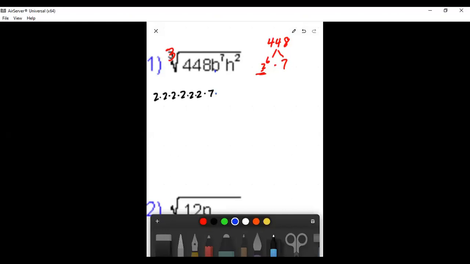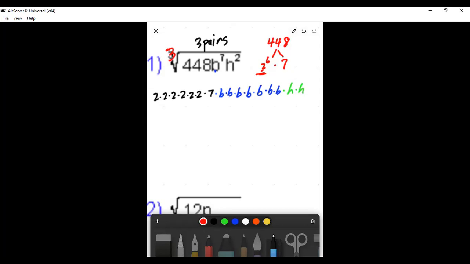So I'm going to write that as b times b times b times b times b times b times b, that's 5, 6, 7. And then the h is going to be h times h. Now, I am looking for 3 pairs. So let's go do that.